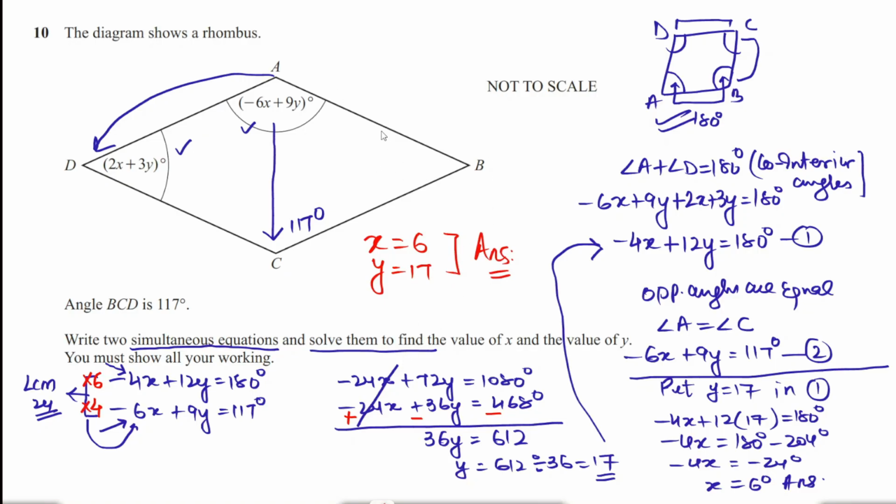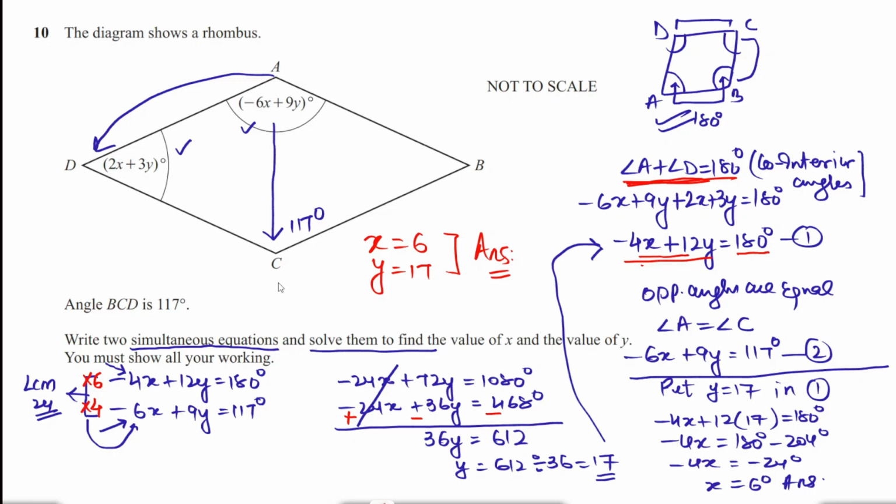So here we use the concept of geometry. If, for example, you forgot the fundamental process, go to the textbook and try to find it out. What are the fundamental concepts? So a plus d is 180 degree, and then minus 4x plus 12y, that is the simplified value, gives you 180 degree.